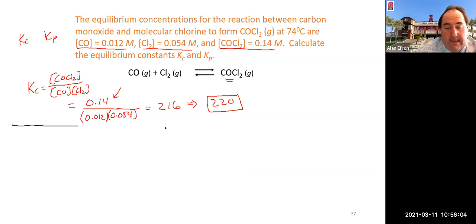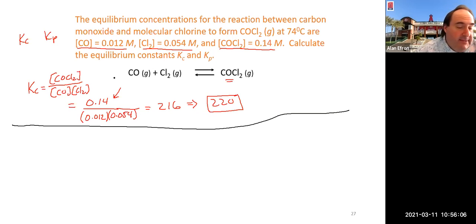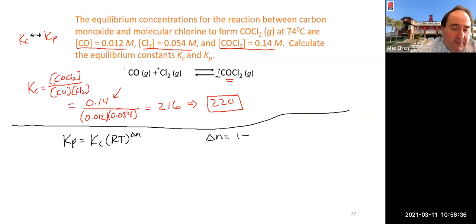Okay. So now that we have the Kc value, we can use the formula that basically relates Kc and Kp, which we just saw: Kp equals Kc (RT) to the delta n. Why don't we start with the delta n part, which is the moles of gaseous products minus reactants. The product side is 1, minus the reactants, which is 1 gas molecule and 1 more, which is 2.